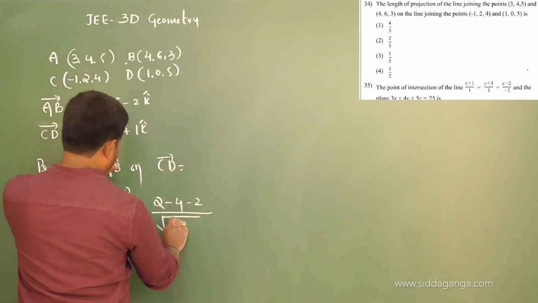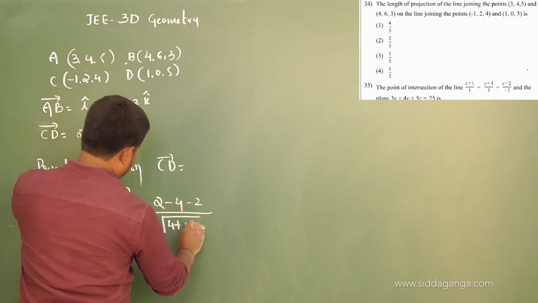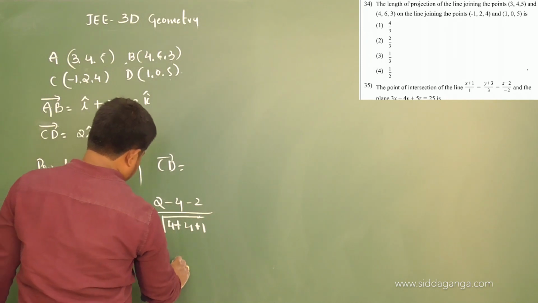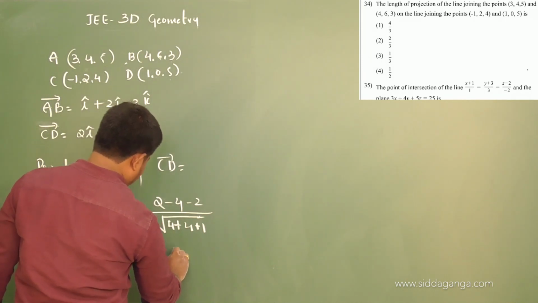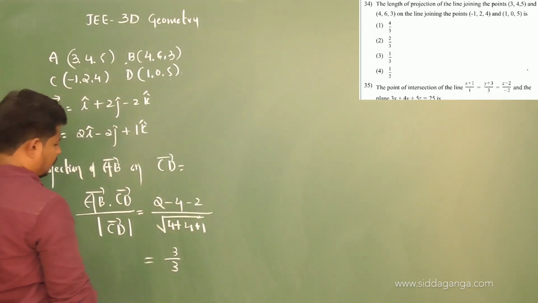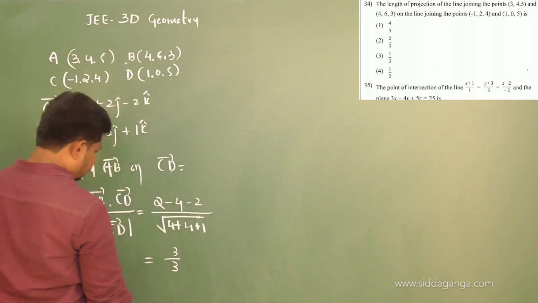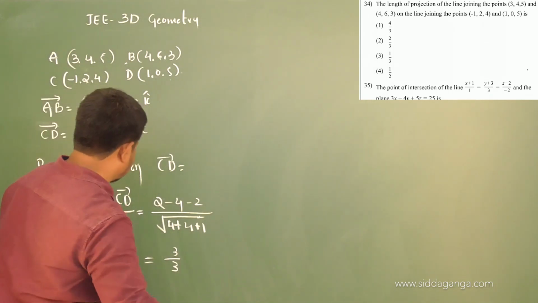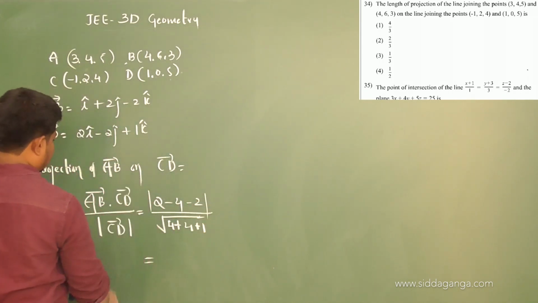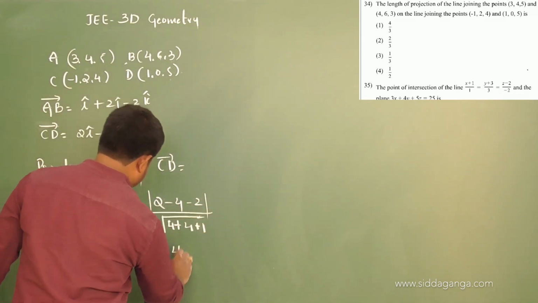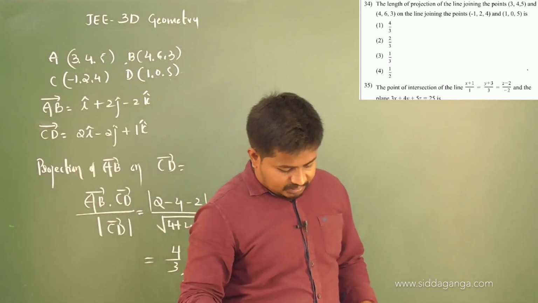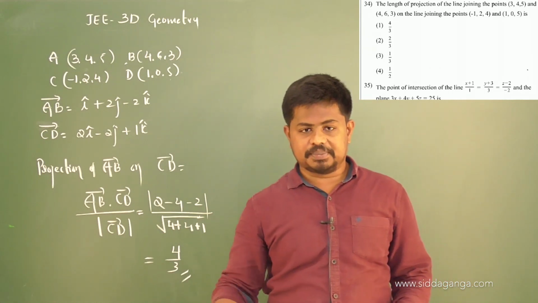That is root 9. So you get minus 2 by 3, the magnitude being 4 by 3. So 4 by 3 is the correct option, that is option first.